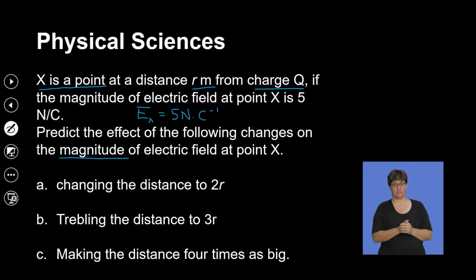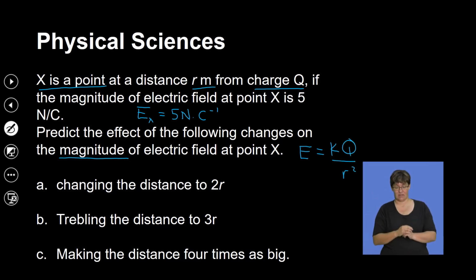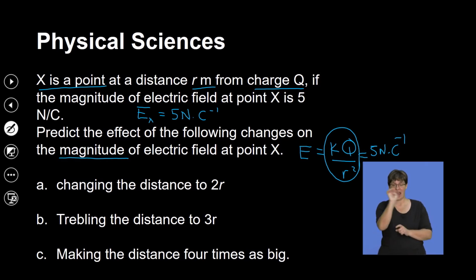Going back to our question, now we have doubled the distance. What do we know? We know that E is equal to kQ over r squared. If the charge is Q and the distance is r, what have we done now? We have doubled the distance. We are told that this is 5 newtons per coulomb, that's our magnitude of E, the electric field at a point.